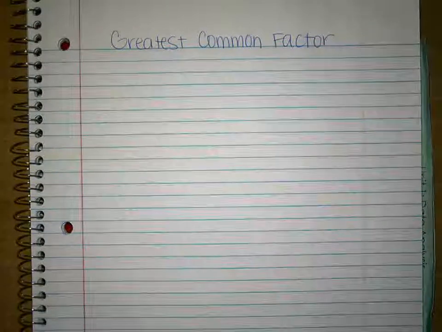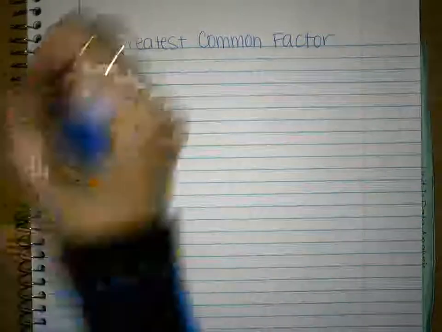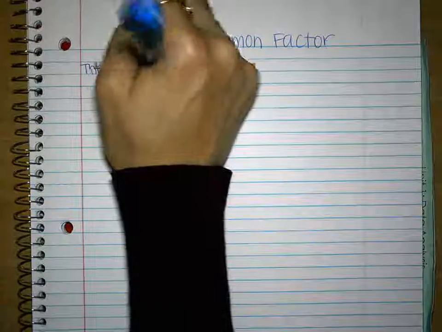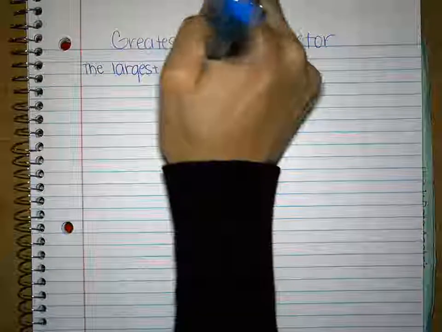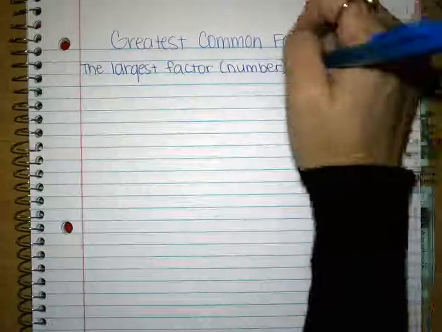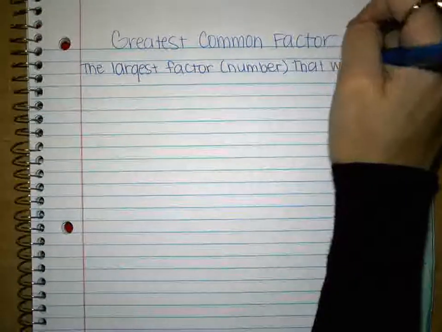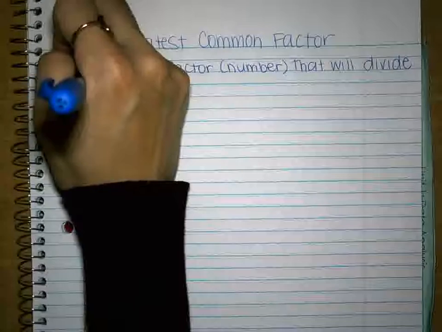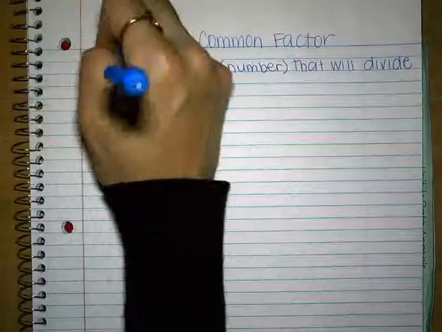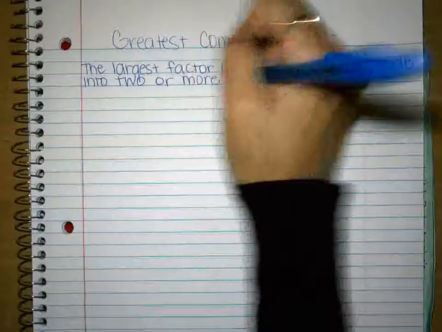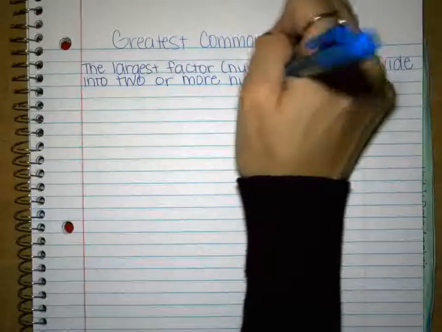So first thing we need to know with greatest common factor is what it means. Greatest common factor is where you want to find the largest factor, which in this case is a number, so the largest number that will divide into two or more numbers evenly.